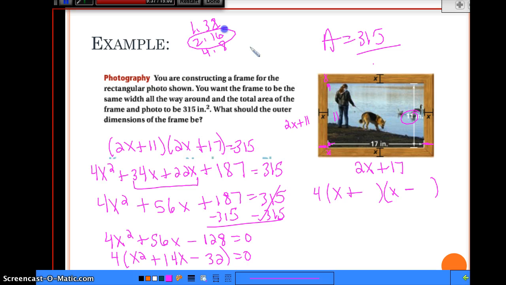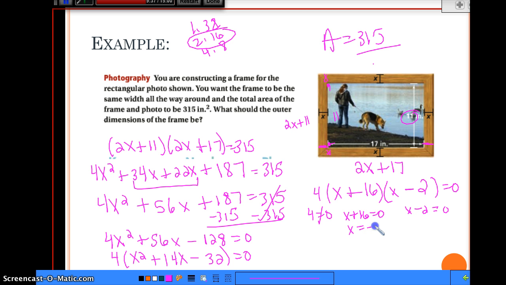That would be the 2 and the 16 because I have opposite signs. I need the 14 to be a positive. 16 goes here, 2 goes here. Set each of these equal to 0. Even the monomial, that's not true, so we just say it's not equal to 0. Set the first binomial equal to 0 and set the second binomial equal to 0.